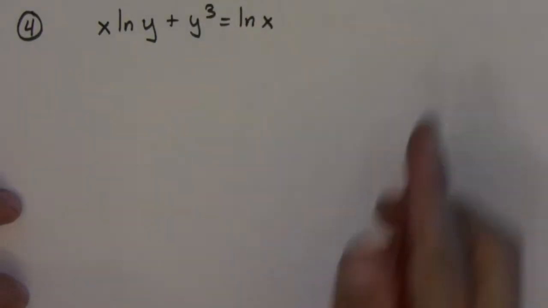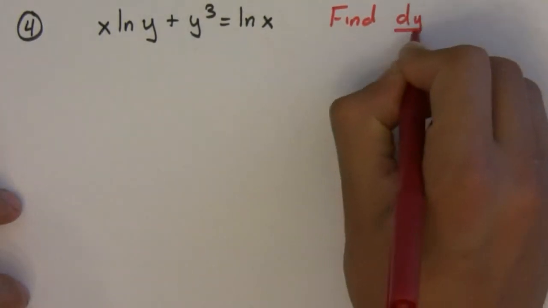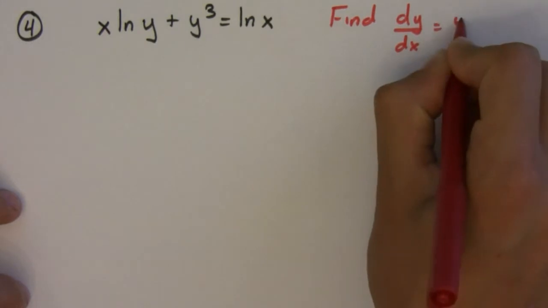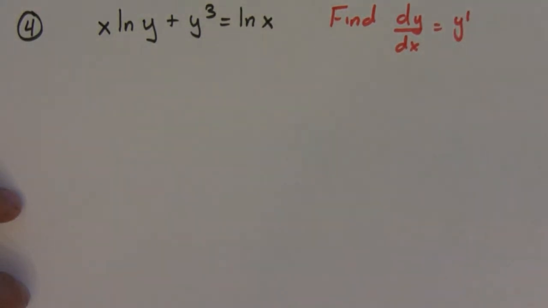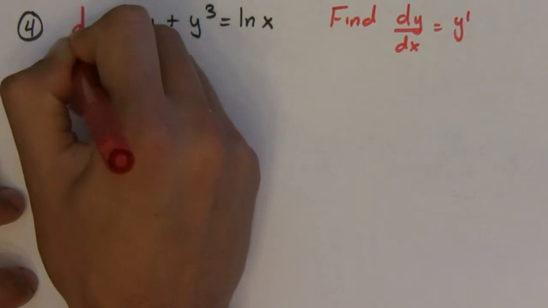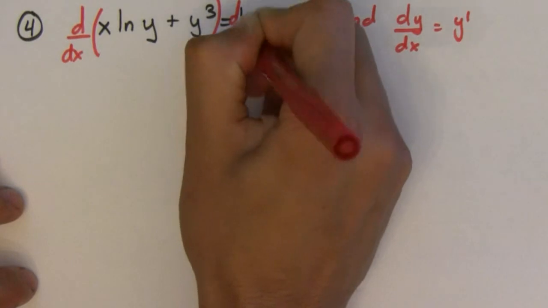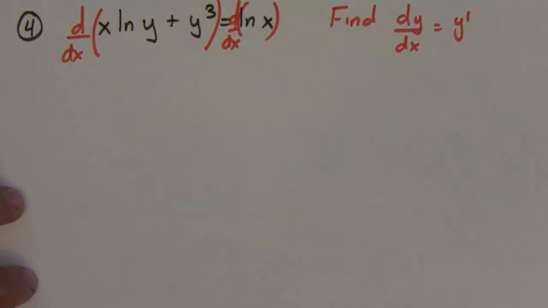Okay, so we want to find dy over dx or y prime. So remember, the first thing you do is you get the derivative of both sides with respect to x. And so here we go.